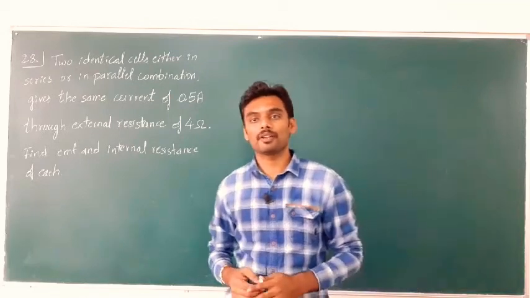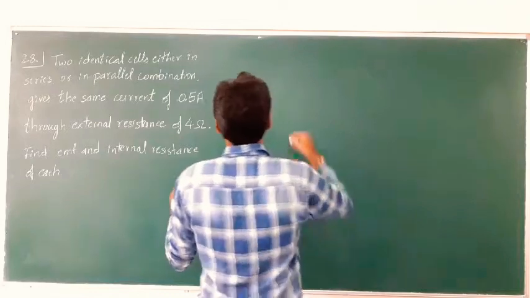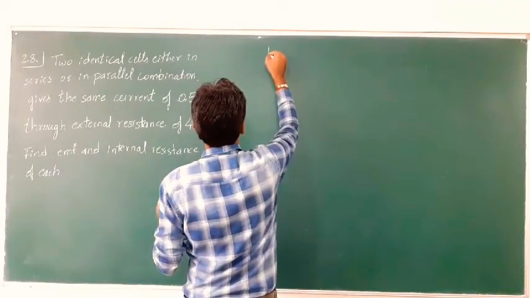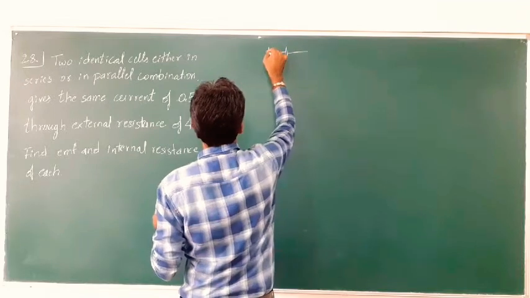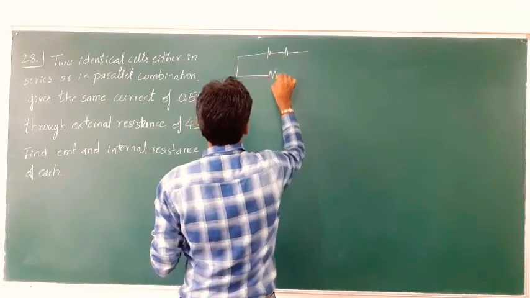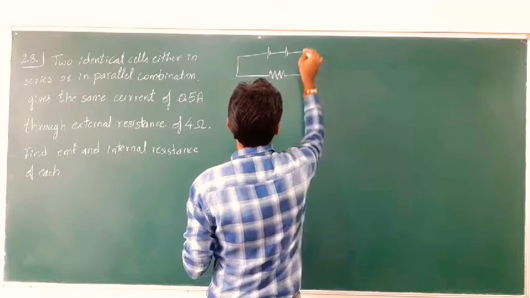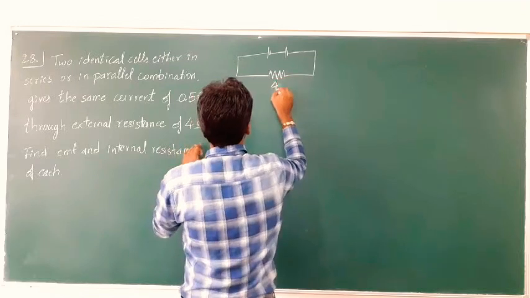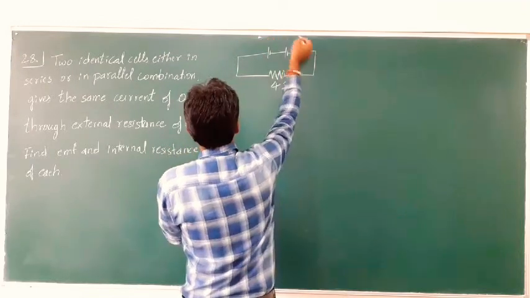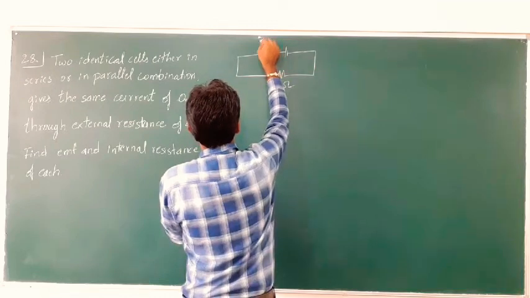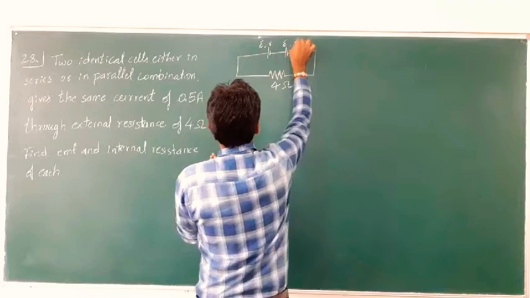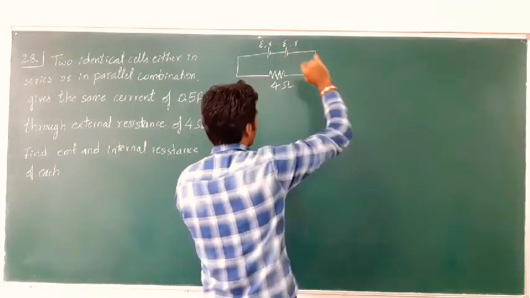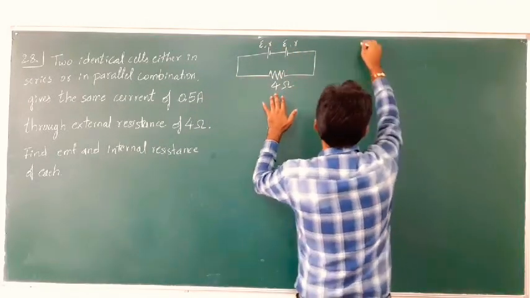Okay, so let me write both the situations. In the first situation, we have two cells connected in series with an external resistance of 4 ohm like this. Since they are the same cells, I can write the EMF as E comma r and E comma r, r is the internal resistance. This is the first situation, right?